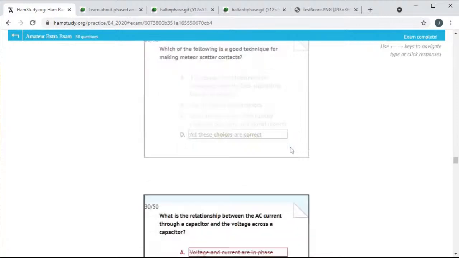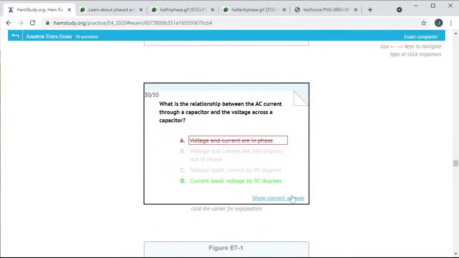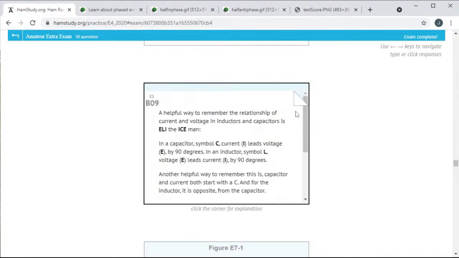So yeah, and I didn't know this one either. So for a capacitor, the current leads the voltage by 90 degrees. It's another one. Is there a helpful way to remember the relationship of current and voltage in inductors and capacitors?